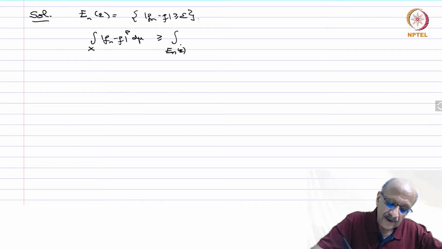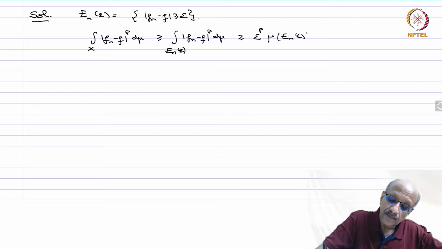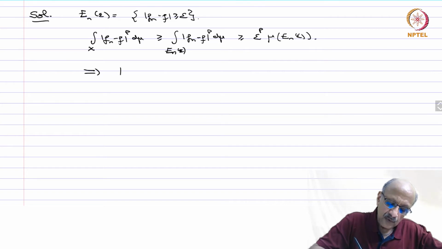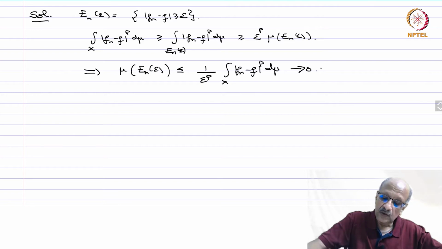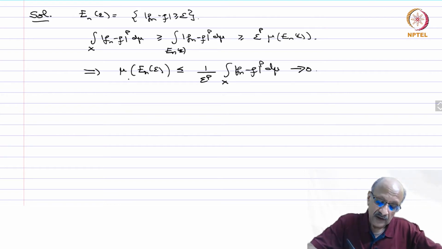You are taking a smaller set and the integrand is non-negative, so you have |Fn - F|^p d mu, but on this set |Fn - F| is greater or equal to epsilon, so this is at least epsilon^p mu(E_n,epsilon). Therefore mu(E_n,epsilon) is less than or equal to 1 over epsilon^p times the integral over X of |Fn - F|^p d mu, and you are told that this goes to 0, and consequently this also goes to 0, which is exactly saying that Fn goes to F in measure.